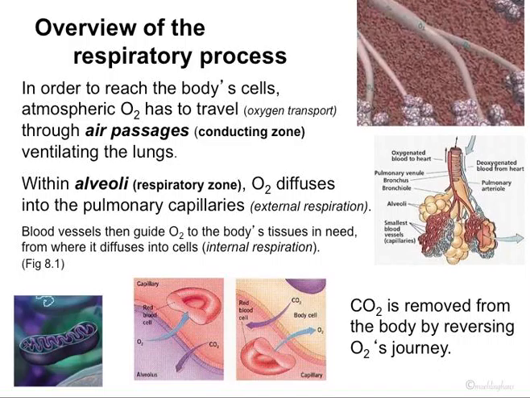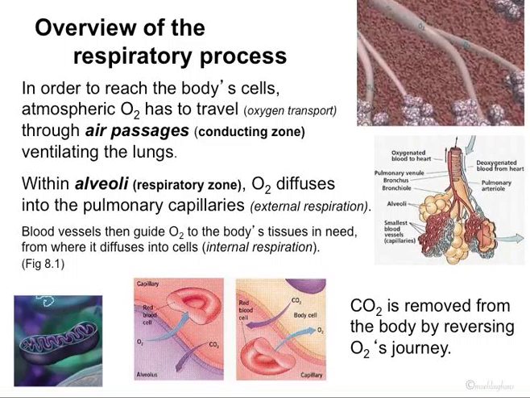And in those little air sacs, the oxygen can diffuse from the air into the pulmonary capillaries. And that process from the alveoli to the blood, to the pulmonary capillaries, we call external respiration. So the term respiration refers to oxygen, and the external is the oxygen traveling from the outside air into the bloodstream.